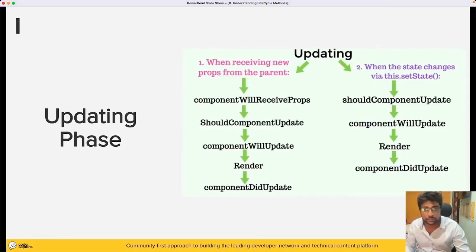The updation phase is infinite. It is not just a one-time thing. As long as the data is updating or the props injected from the parent are changing, the updation phase keeps on occurring. It is present until the component is removed from the browser window.